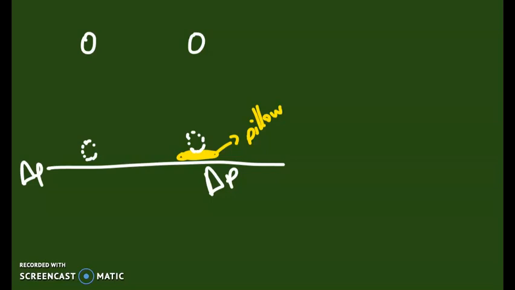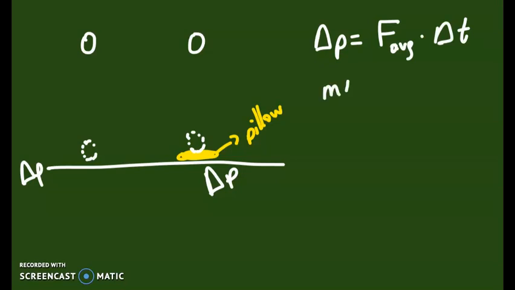Let me write the main equations here. Remember, delta p equals F average times delta t, and mass times delta v equals F average times delta t. The left side of the equation is delta p in both cases. So what is the difference here?